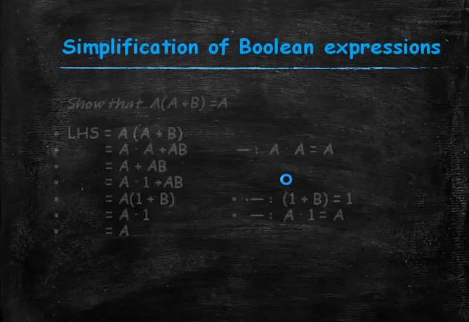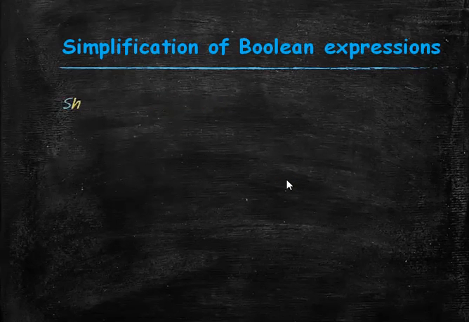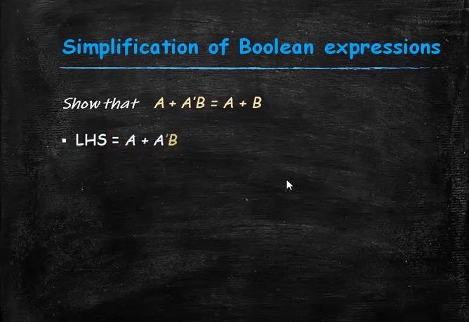The next one is, show that A or A bar B is equal to A or B. Question is, A or A bar B is equal to A or B. And here we substitute for the first term.